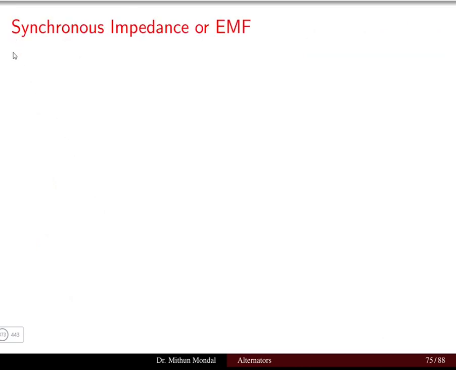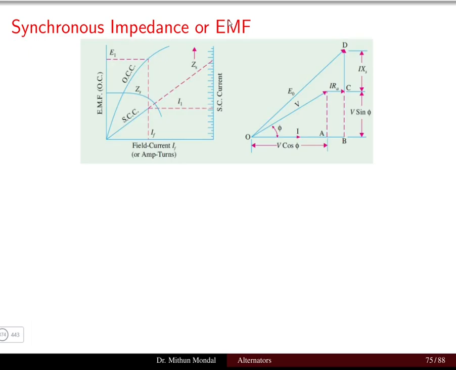Now the first method of determining the voltage regulation is the synchronous impedance or the EMF method. In this method, we have to draw the graph and take the measurements of the OCC test, that is the open circuit test, and the short circuit test. So two tests we are going to do, and we have to keep two things constant, that is the synchronous speed of the machine Ns, and the field current.